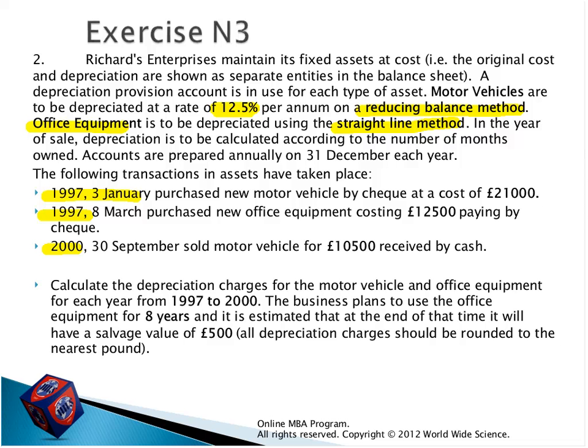And as well, here it says that the motor vehicle is sold for $10,500. What does that amount mean, you remember? This is the scrap value, that we have some residual value for the motor vehicle. This information is very important as well.